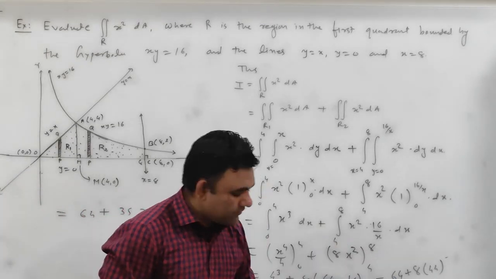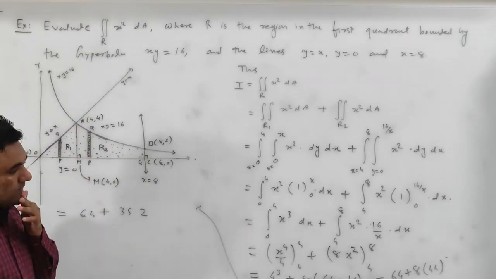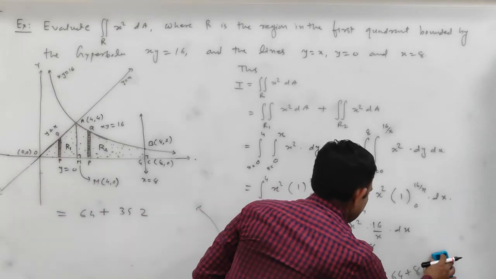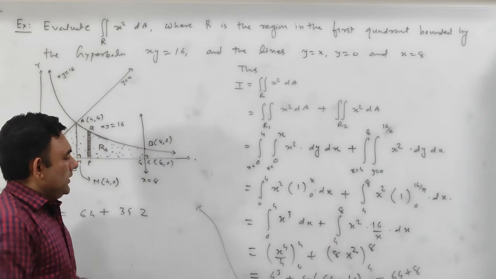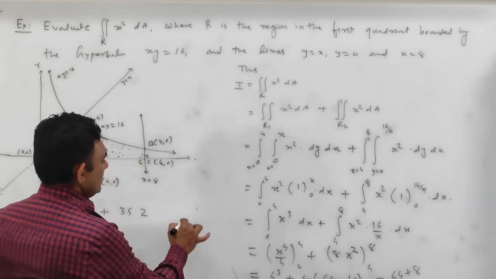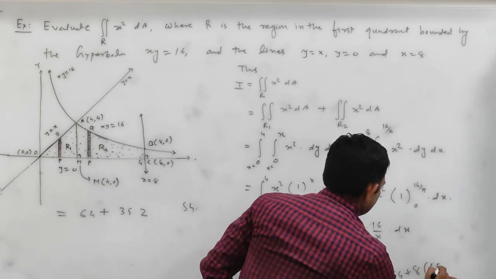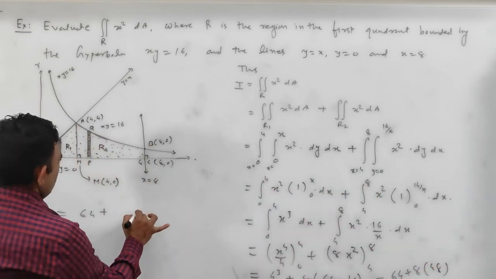I made some mistake. 44 into, sorry, 64 minus 16. I get this thing. It will not be 44. Sorry. Okay. 64 minus 16, so it is 48. Now it's fine.